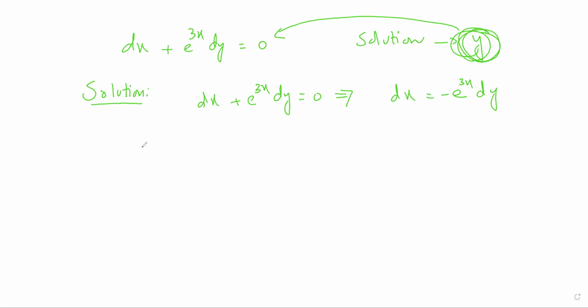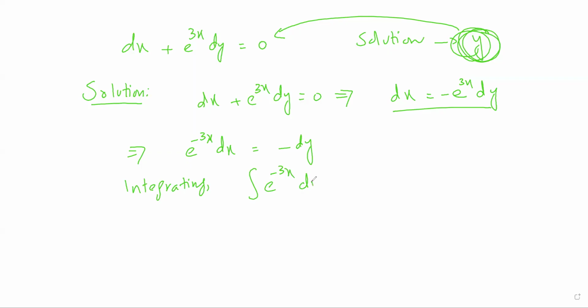And then from this equation, I can write e^(-3x) dx will be equal to minus dy. Integrating, the integral of e^(-3x) dx is equal to the integral of minus dy.